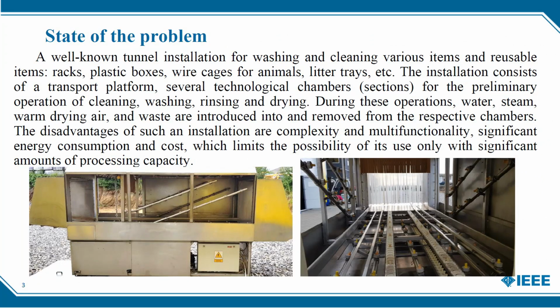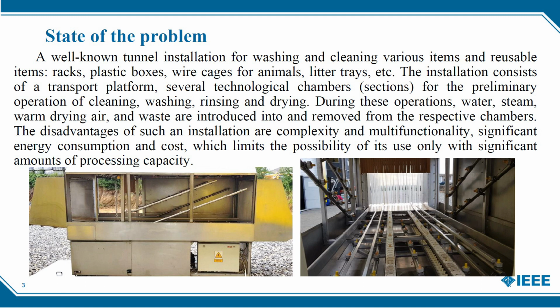State of the problem. A well-known tunnel installation is used for washing and cleaning various reusable items: racks, plastic boxes, cages for animals, cereal trays. The installation consists of a transport platform and several technological chambers, sections for preliminary cleaning, washing, rinsing and drying.